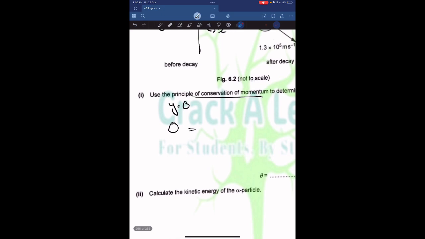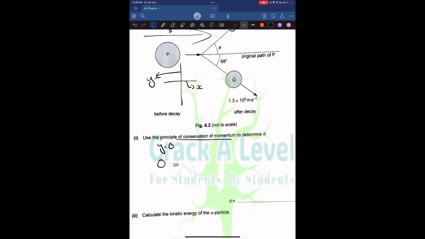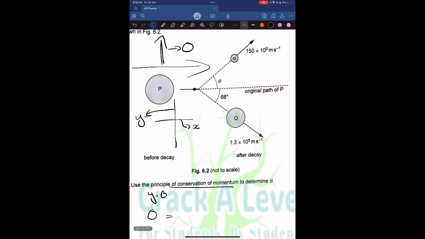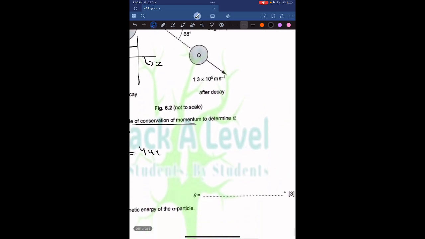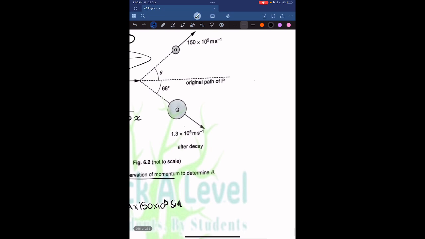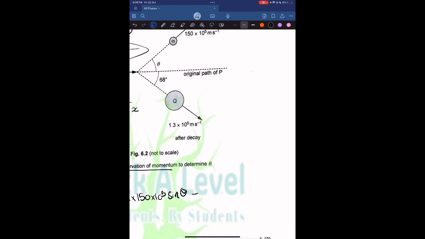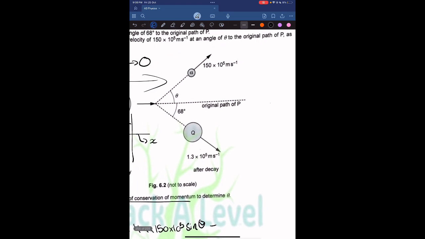So let's write this down. First taking the alpha particle: 4u into 150 × 10^5 sine theta, because it is moving in the upward direction. Now I will choose minus. Why minus? Because this is a vector quantity, and if I take the upward direction as positive, I will take the downward direction as negative.